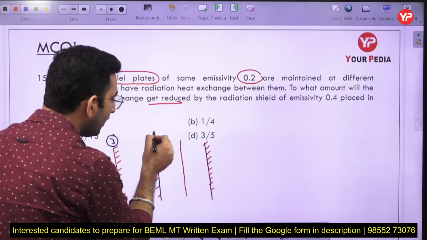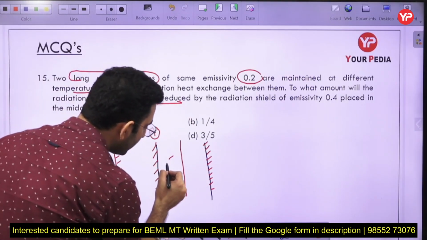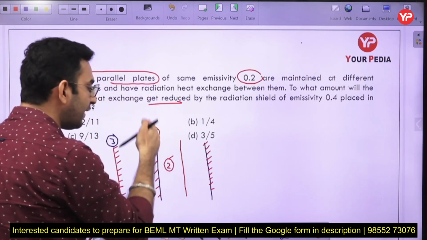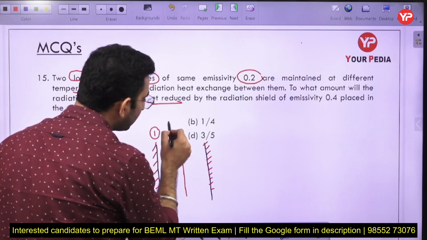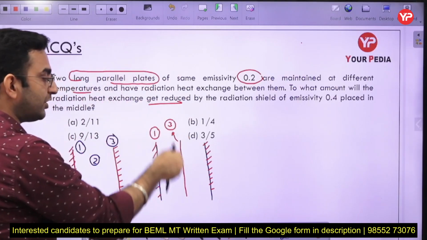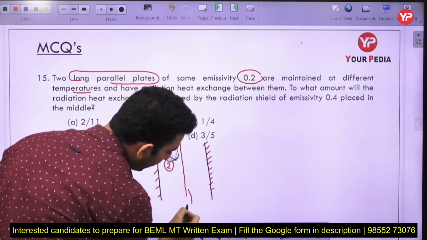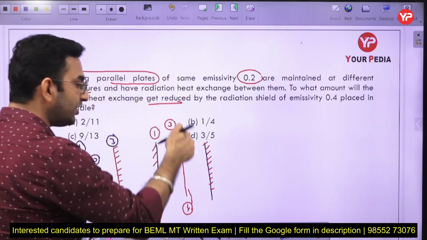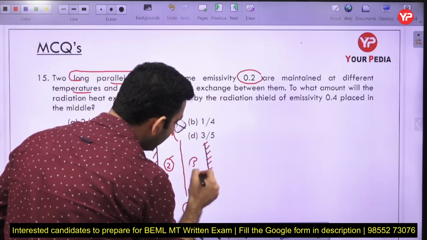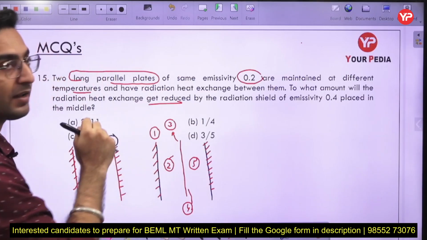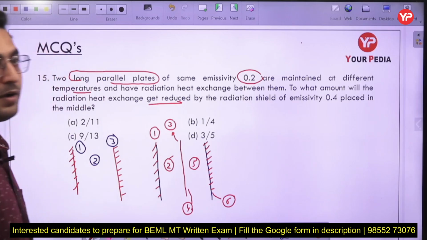So here you can see the surface resistance of plate 1, then we have the space resistance between plate 1 and the radiation shield, then the surface resistance of the shield itself toward the left side, and the surface resistance of the shield again toward the right side, and then we have a space resistance between the shield and the right surface here. And in the last we have the surface resistance of plate number 2.